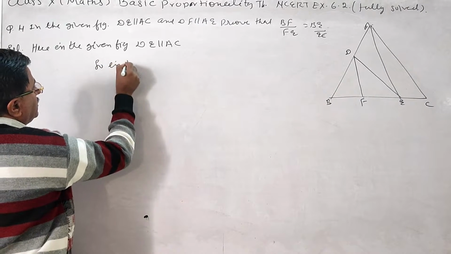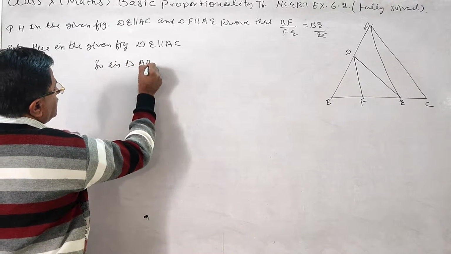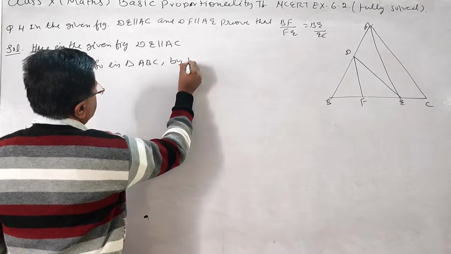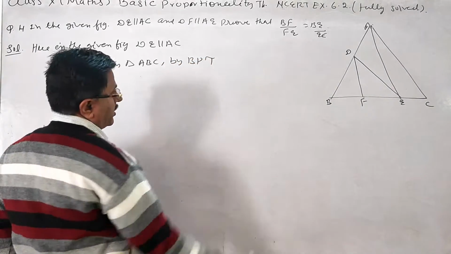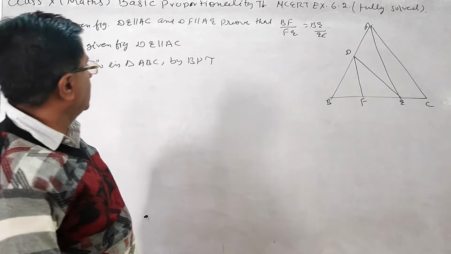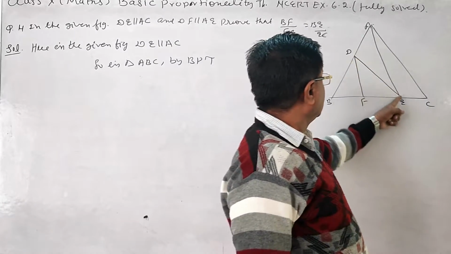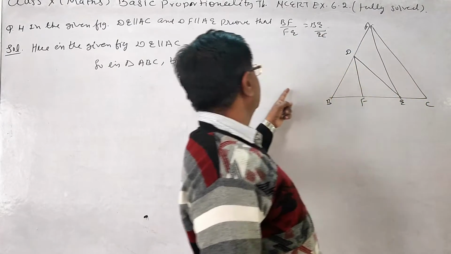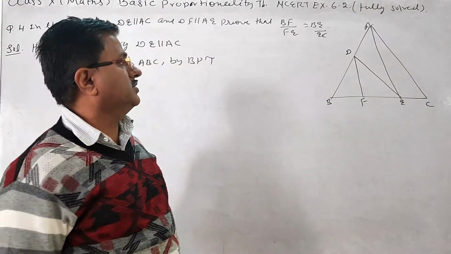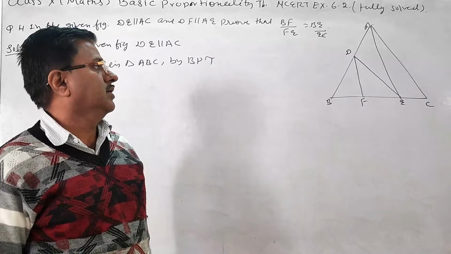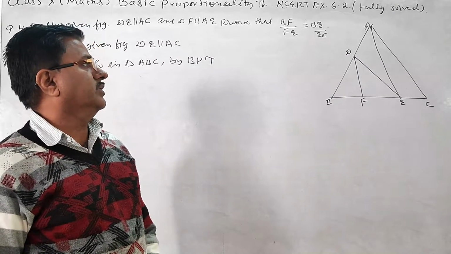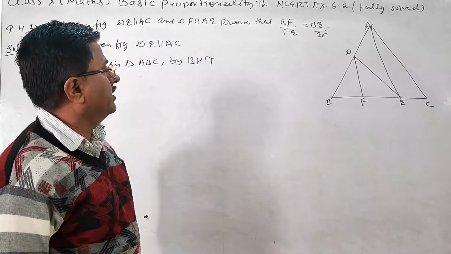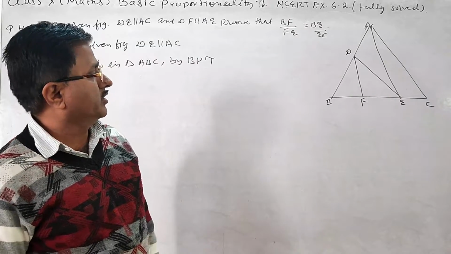So in triangle ABC, by the basic proportionality theorem, DE is parallel to AC. Dear student, you can see in triangle ABC, if one line is parallel to a side of the triangle, then the other two sides are divided in the same ratio.